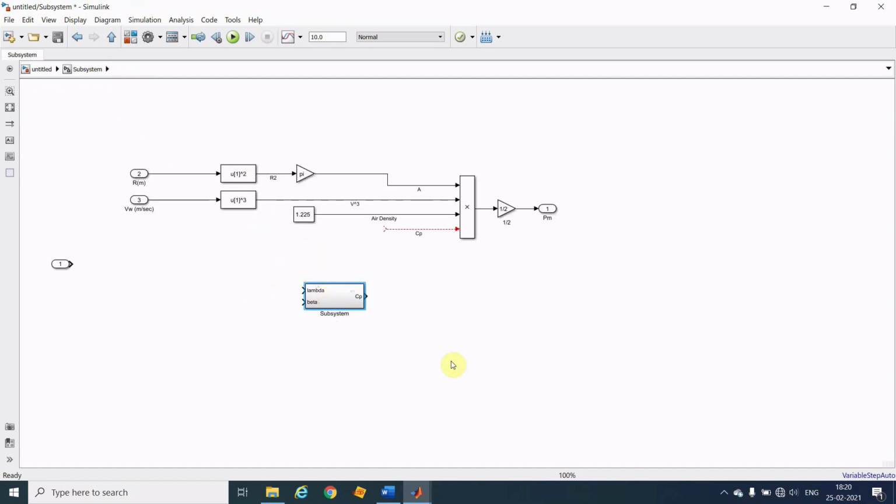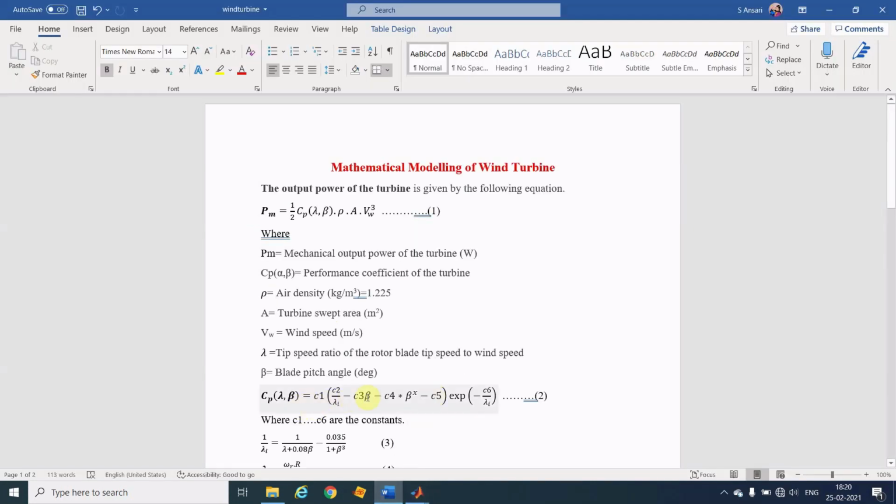Okay, so now what is Cp? Cp is nothing but this equation. So this equation we have to implement there. Okay, so equation 2 and equation 3.